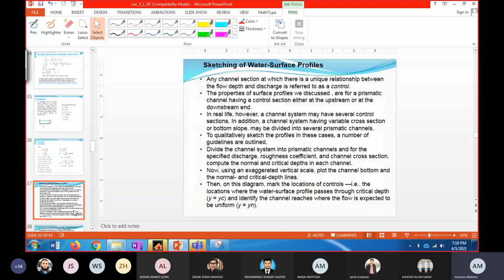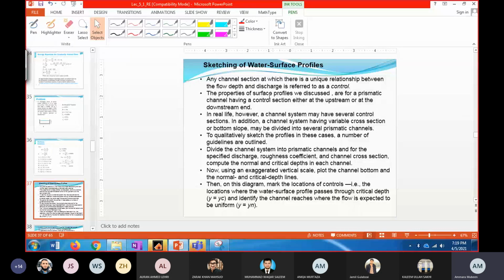Okay. So let's check some of the rules for sketching the water surface profile. Any channel section at which there is a unique relationship between the flow depth and the discharge, which your class fellow has already told us is the definition of control section, is referred to as a control section.